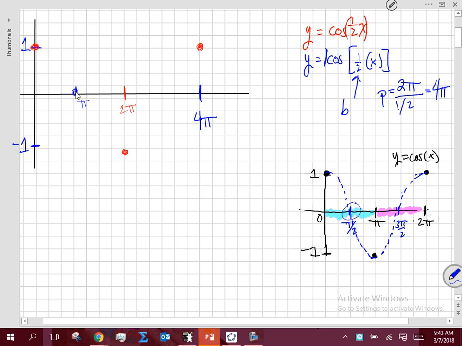So we'll get that point there. And then in the purple region, halfway in between on this region would be 3 pi. And now we've got that set of points to create that smooth curve with.